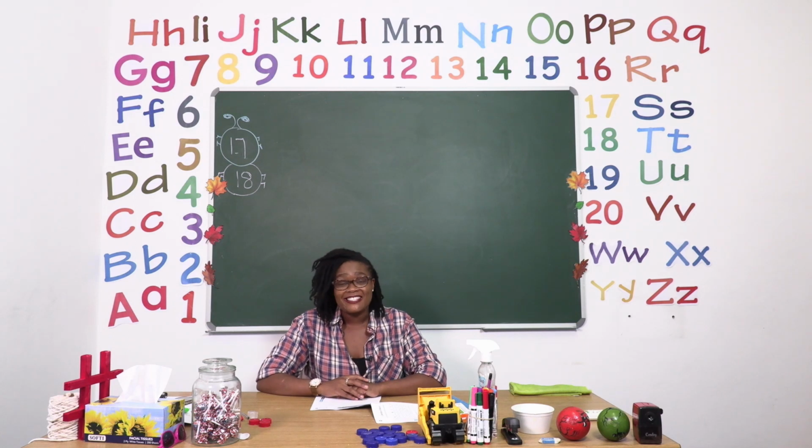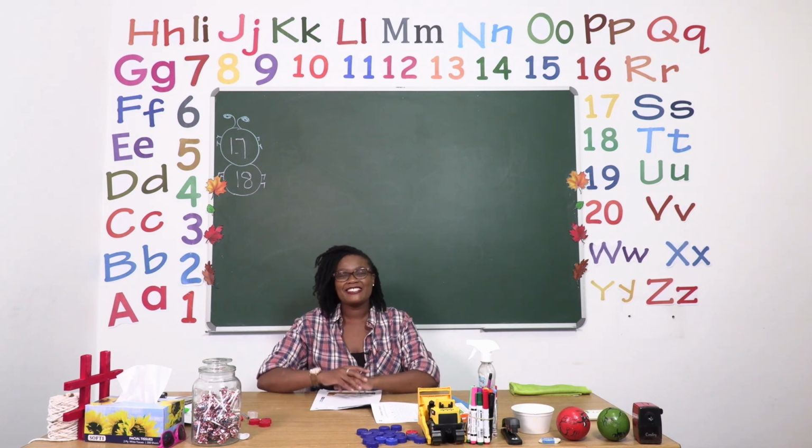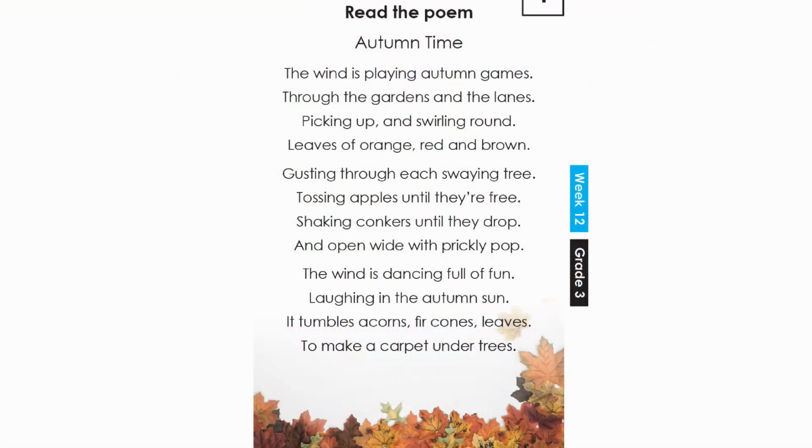For our exercise now, boys and girls, we are going to do some reading on page 17. On page 17, we have some poetry, and this poem is all about autumn time. Everything that happens in autumn, from the weather to what the trees do, everything is in this poem.